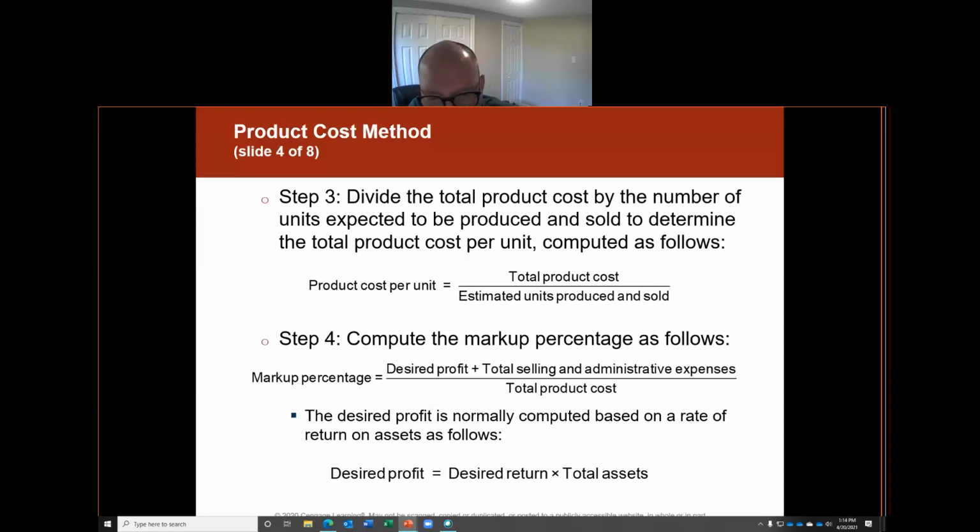Step 4, we compute the markup percentage by taking desired profit plus selling administrative expenses divided by the total product cost from step 3. How do we find desired profit? We take the desired return times total assets.